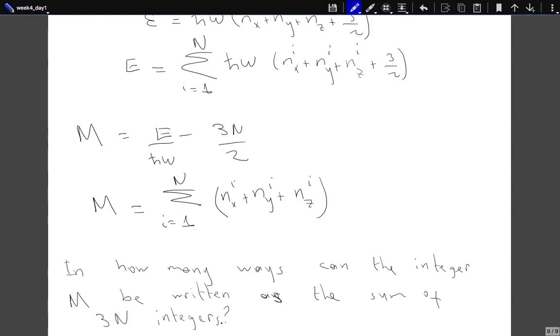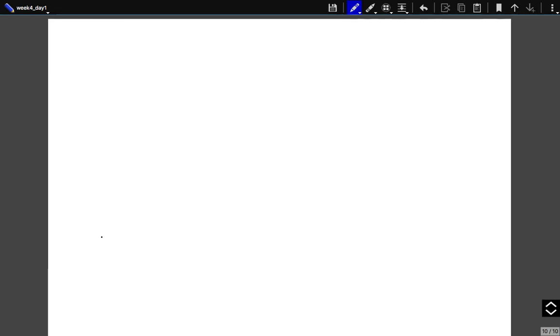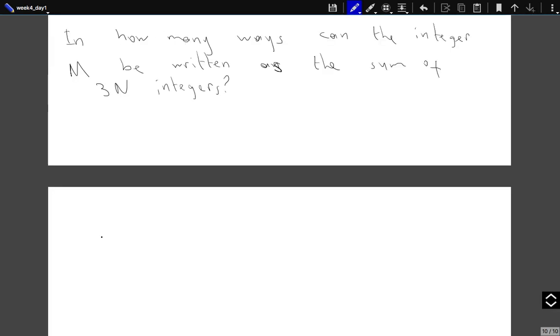So this is our question, because this number will tell me how many microstates correspond to a given M. Any ideas? No, I don't have answers.